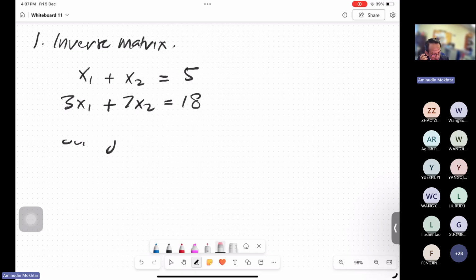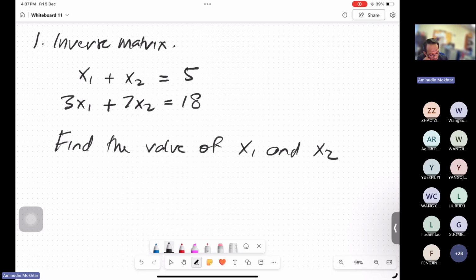Let's say the question is: find the value of x1 and x2 by using inverse matrix.